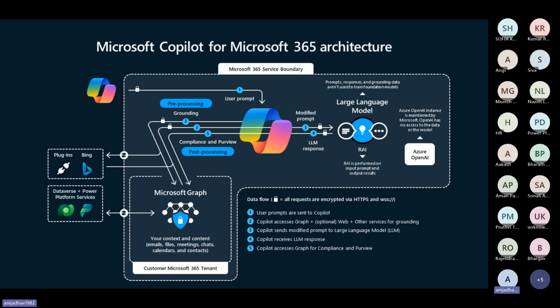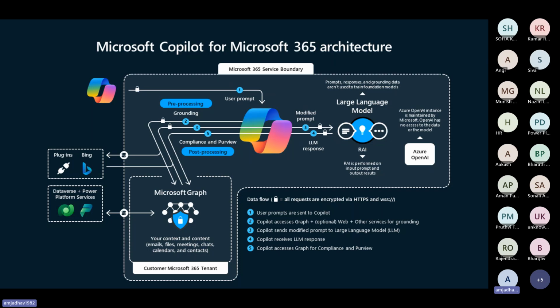Whenever you ask any question to Copilot, first the question comes in. If you see here, once you make a prompt, the user prompt goes first to the Microsoft Graph. From Microsoft Graph, it fetches two pieces of information. There is a semantic index, and there are two levels of it. One is at the file level, the document level, or the list items.